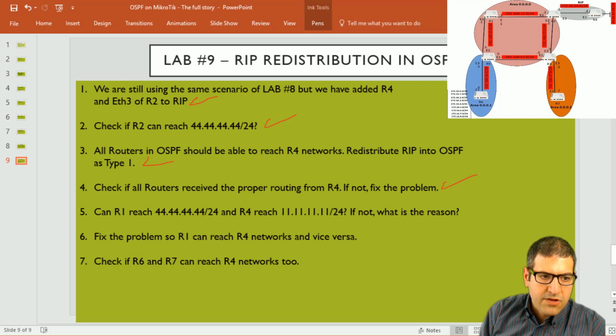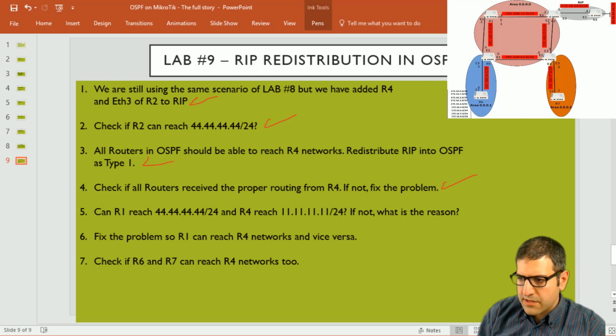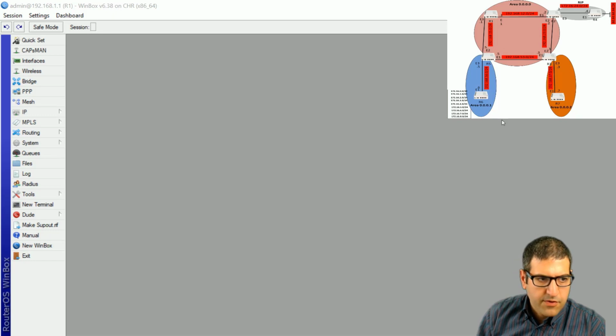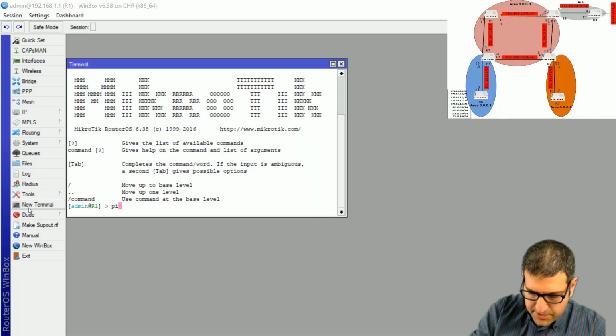Now, can router 1 reach 44.44.44.44/24, and can router 4 reach the bridge interface of router 1, which is 11.11.11.11? If not, what is the reason? Let's go to router 1 first, and from here I will go to the command line. I say ping 44.44.44.44.